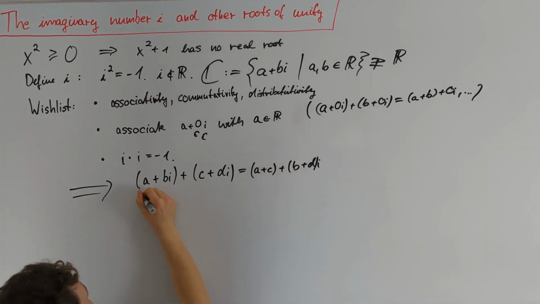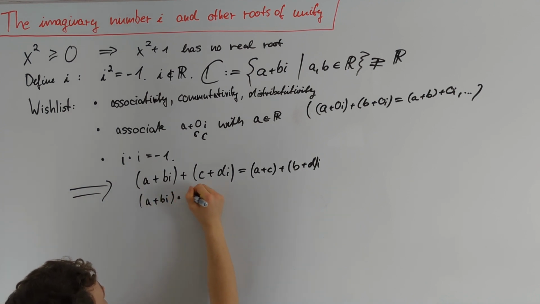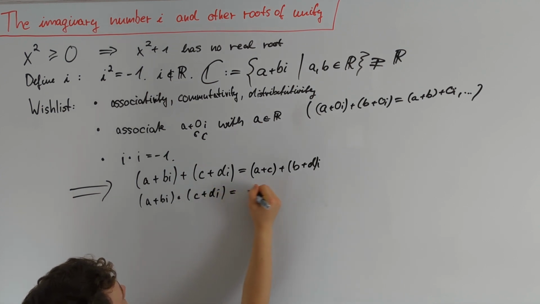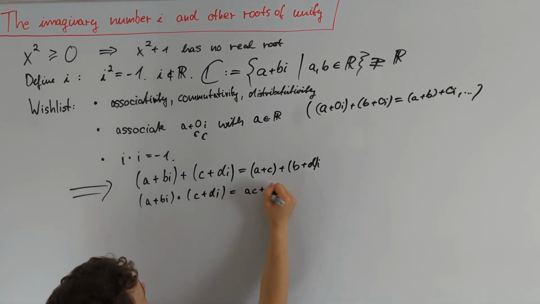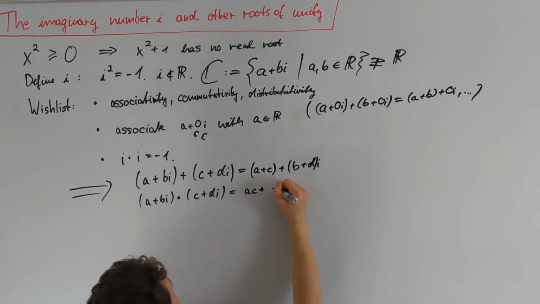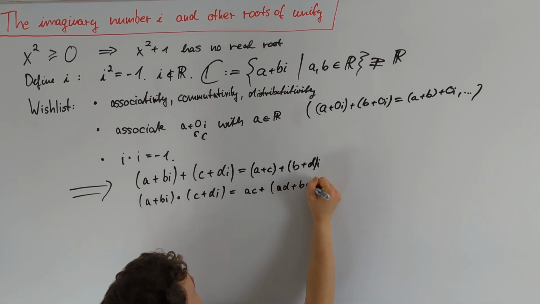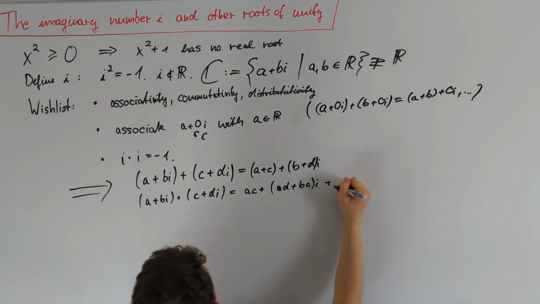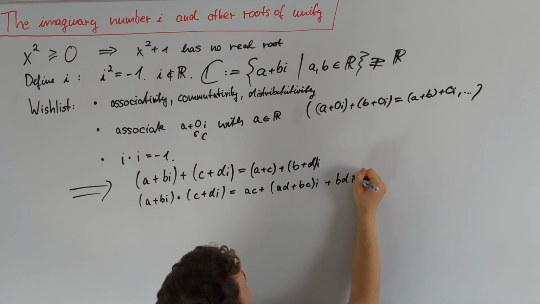For multiplication, we can proceed similarly, and we can write down that a plus bi times c plus di should be equal to ac plus, and here I'm already going to factor out an i because we will have ad plus bc times i plus bd i squared.